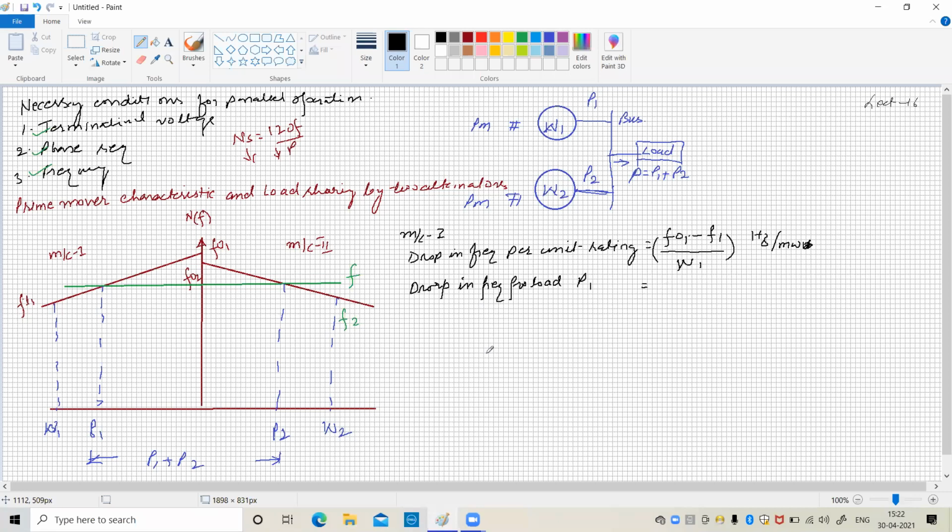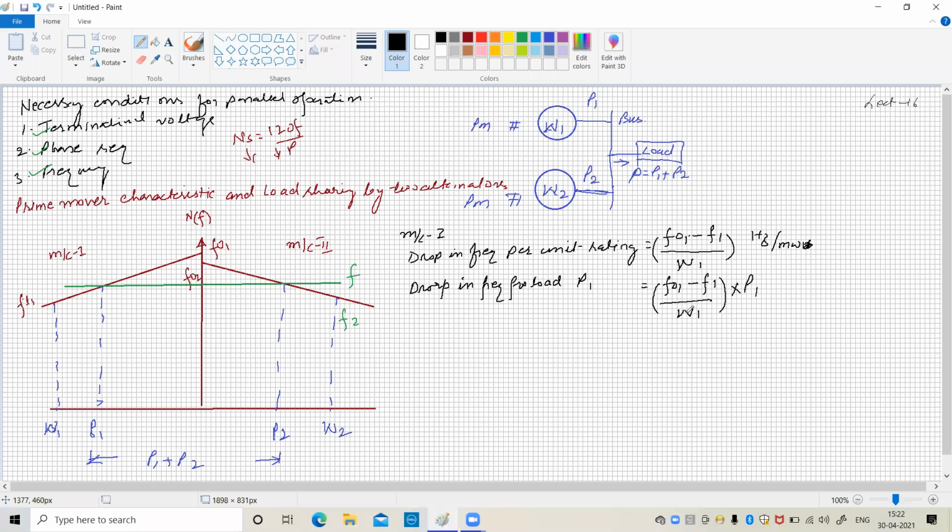So (F01 minus F1) divided by W1 is the drop in frequency per unit, multiplied by the load P1.